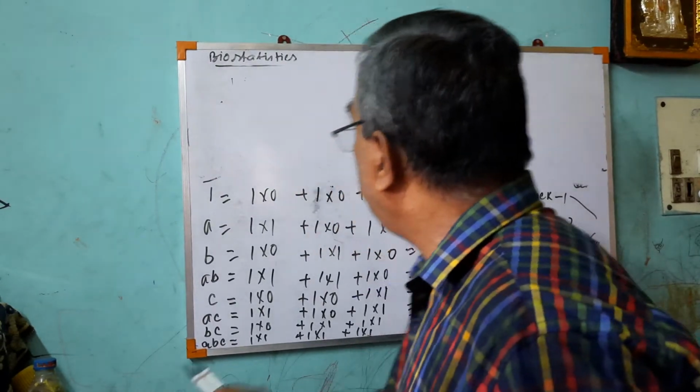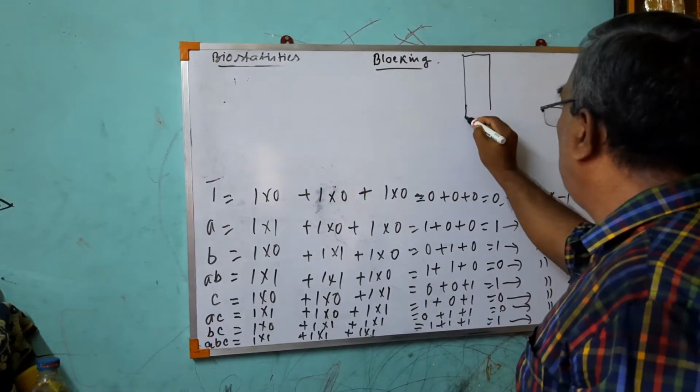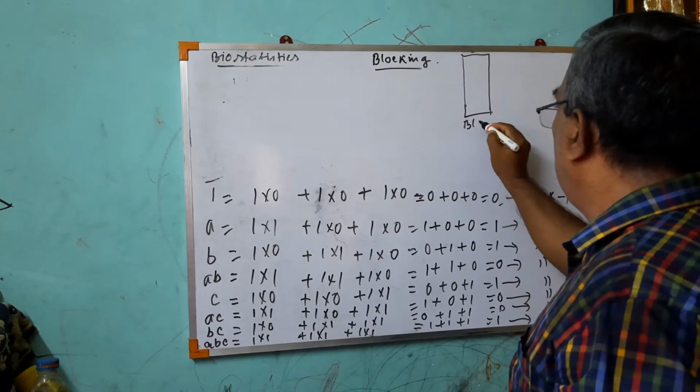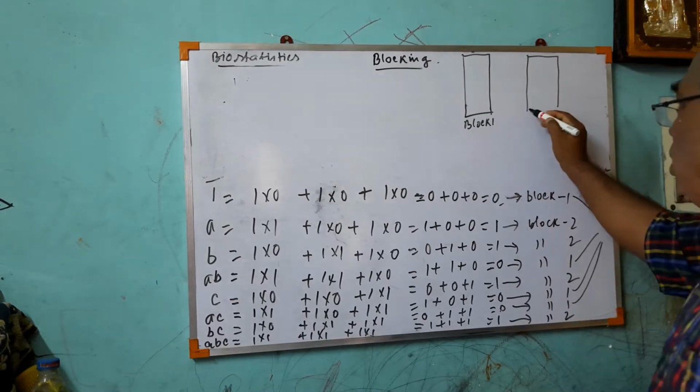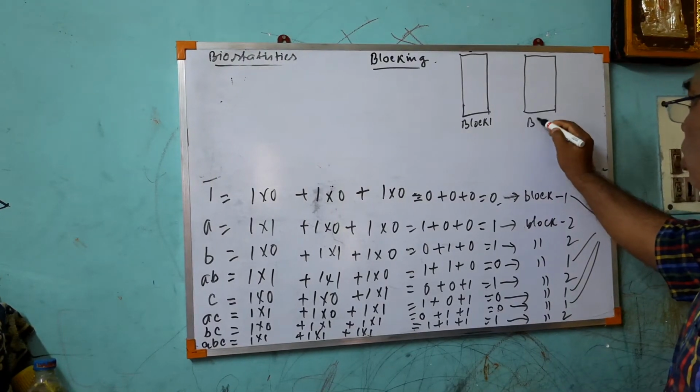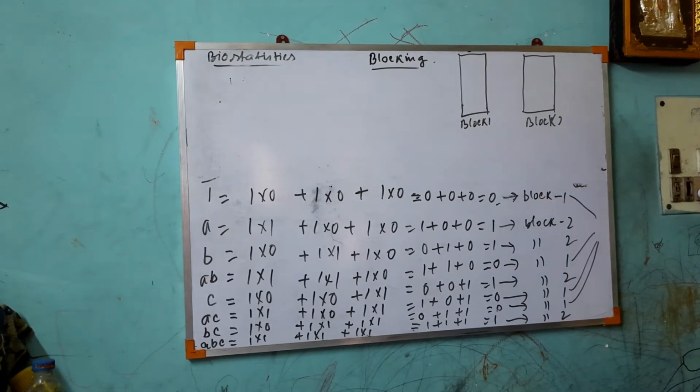So block 1 I am just writing here. This is block 1. This is block 2, by linear combination method.